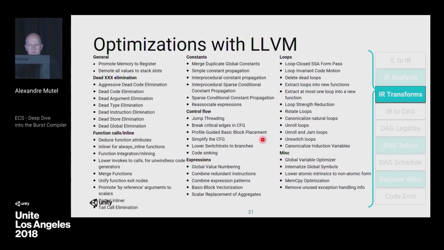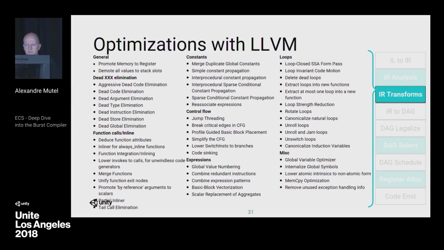So if you look at the optimization with LLVM, I will take just the example of the IR transforms. That's what we have in LLVM today, all the optimizations that we have. And that's one step among all the other steps that we have. So it's going to do, of course, constant expression folding, functions are inlined, loops could be unrolled, loops that could be auto-vectorized will be auto-vectorized, and so on.